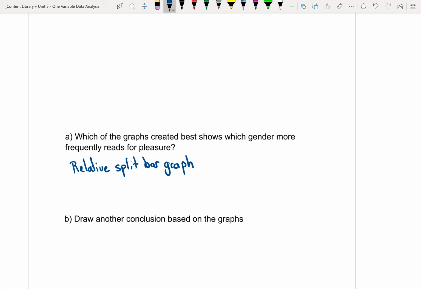And the reason that I would choose the relative split bar graph is because sample sizes are the same. Well, sorry, the sample sizes are not the same.